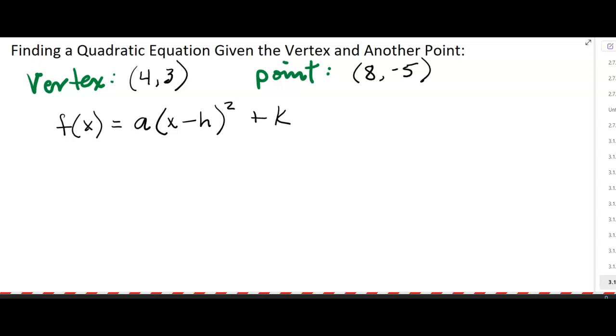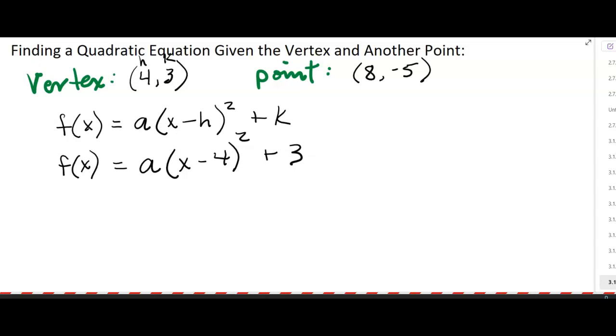But remember, when you know the vertex, you know h and you know k. So we can put those in. (x minus 4) squared plus 3. Okay? So that's not too bad, right?